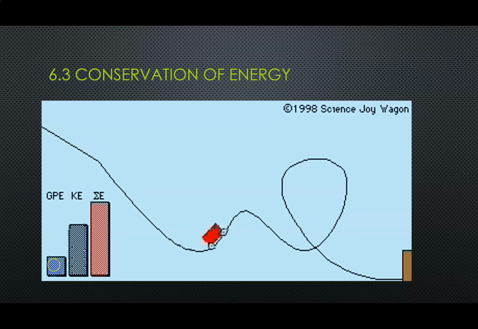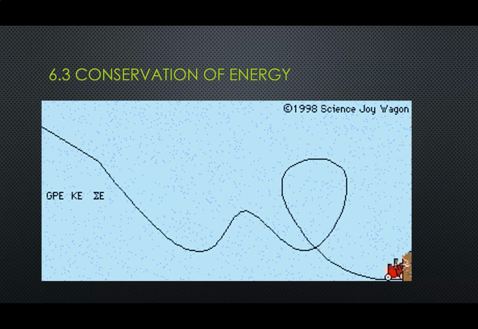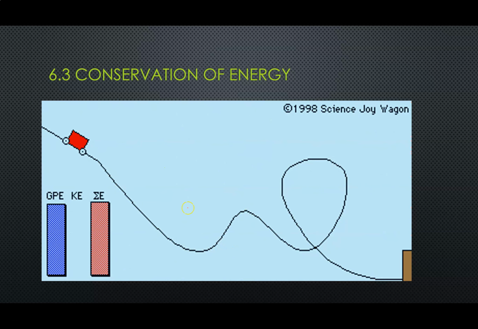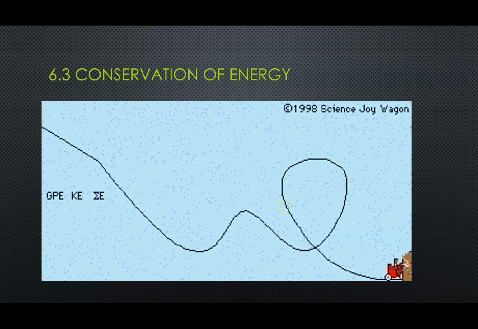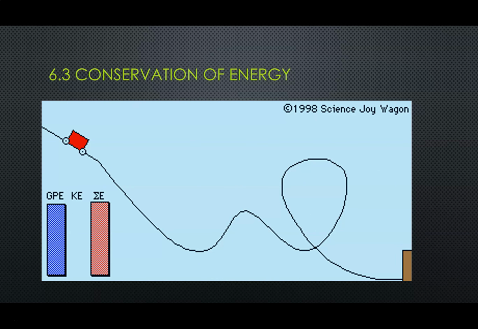As it moved, our potential energy decreased, and our kinetic energy increased. And we could see that those wiggle back and forth depending on how high above the ground that cart was. All right. And then of course, when it crashed into a wall, all the energy is gone. It was dissipated into heat and sound.